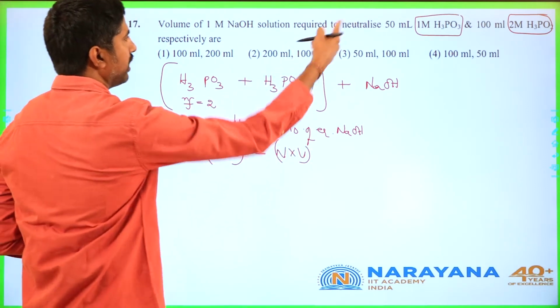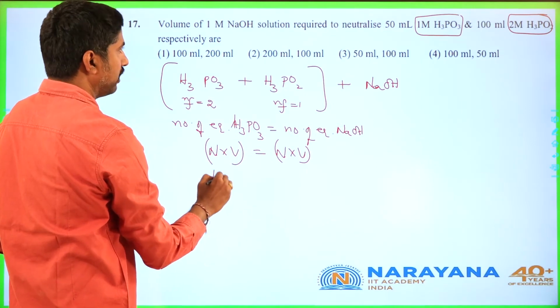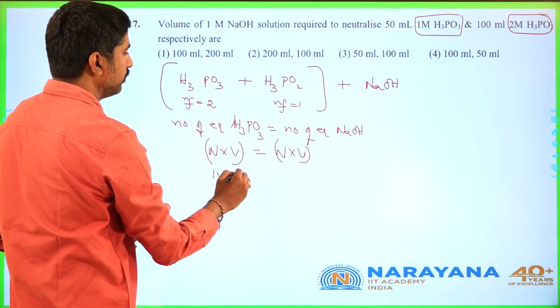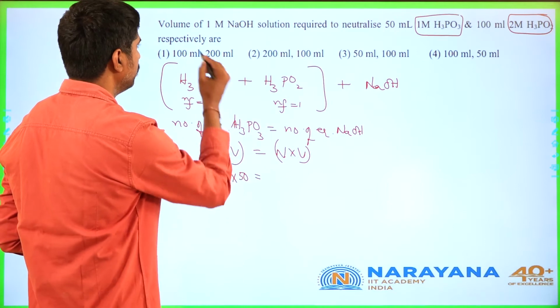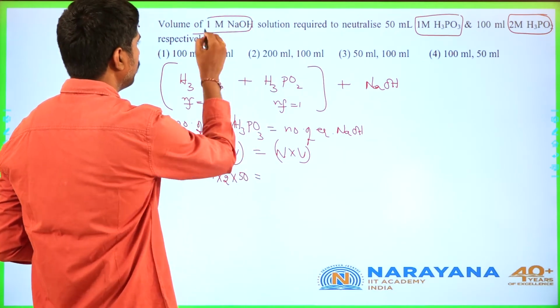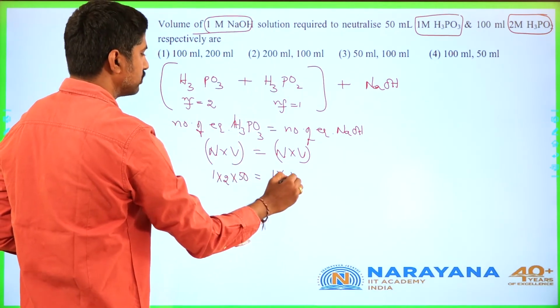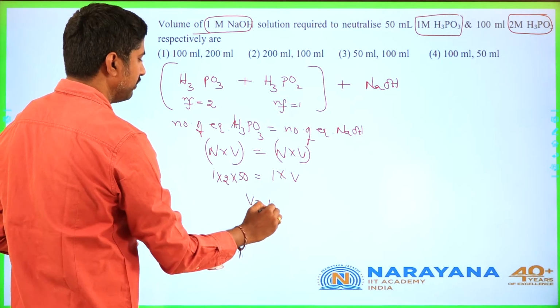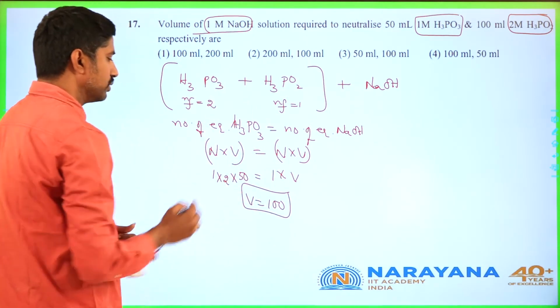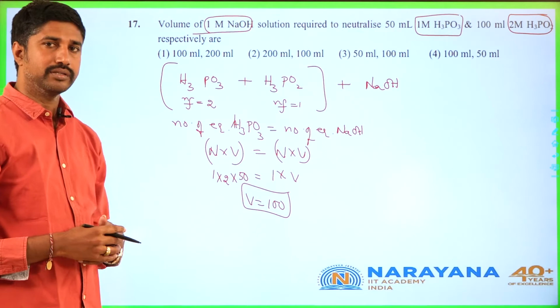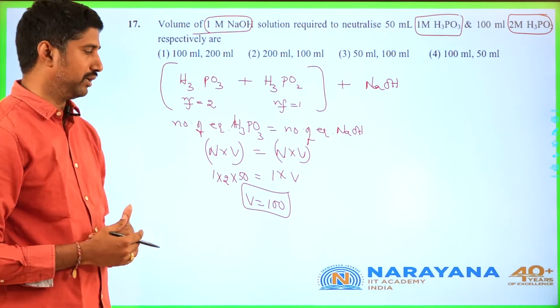Molarity is 1, times n-factor 2, times volume 50, equals normality of NaOH, which is 1, times volume. So the volume is 100. So for the first, the requirement is 100 ml.